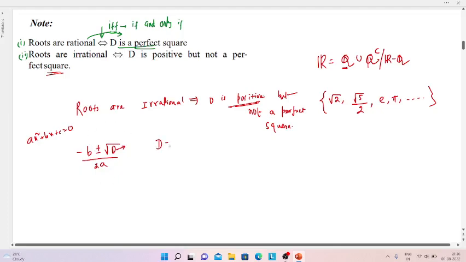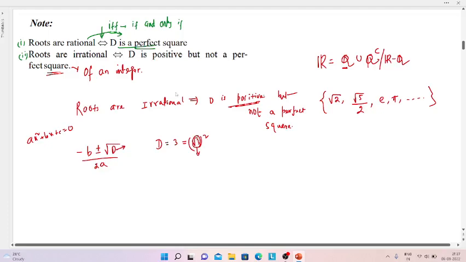Suppose we choose d equals 3. So 3 cannot be written as a perfect square of an integer. Here you should add one thing: of an integer. We can write d equals 3 as root 3 whole square, but root 3 is not a rational number or an integer.